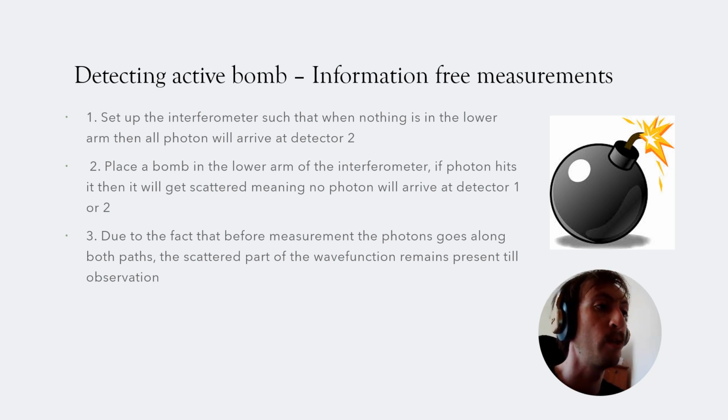The scattered part of the wave function remains present even long after we're looking at the point where the photon could have encountered the bomb. It only goes away once the photon interacts with detector 1 or detector 2.